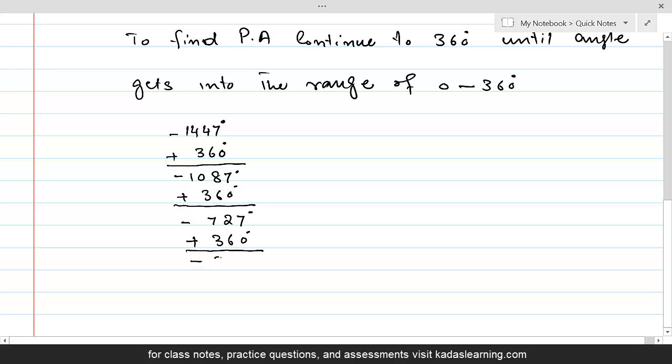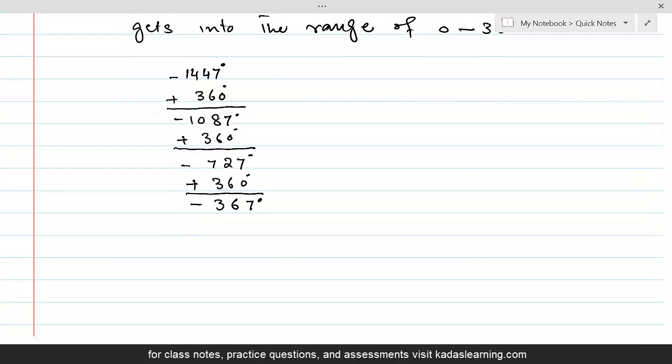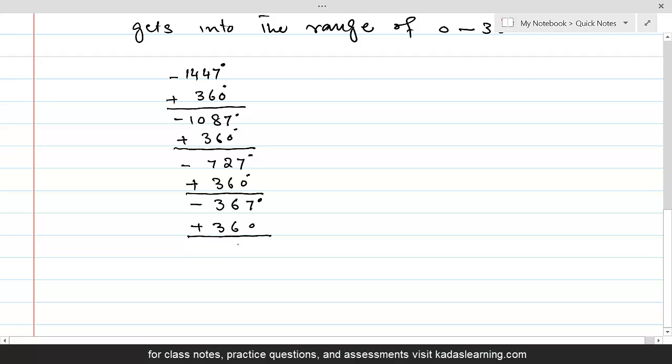Minus 367 degrees. We are still not in the range because it's outside minus 360. So we will add 360 one more time. We are close but not there yet. So this will give us minus 7 degrees.